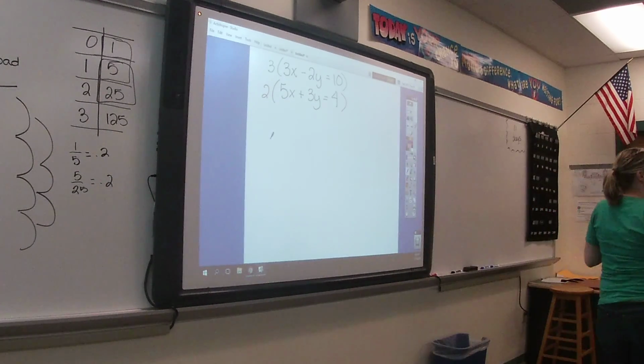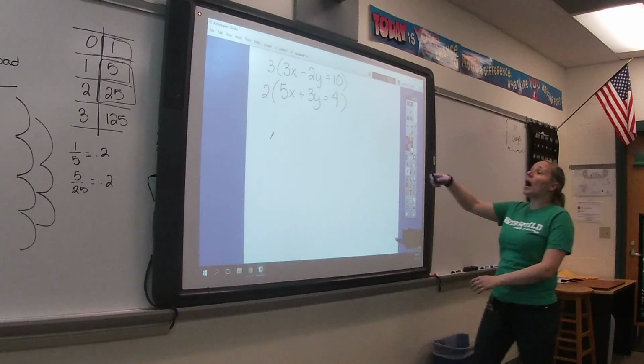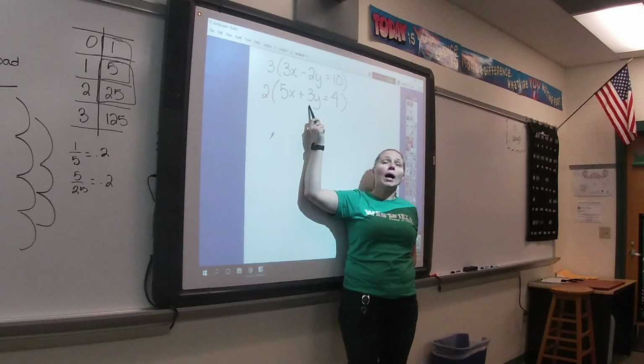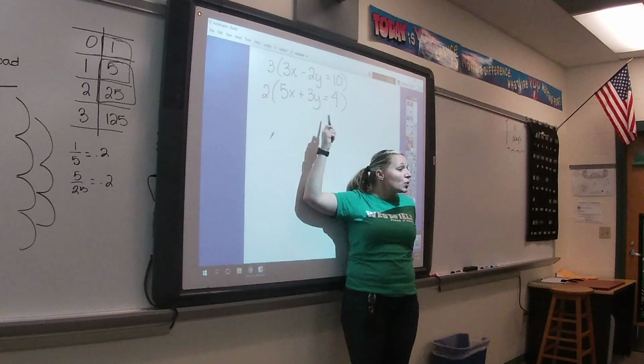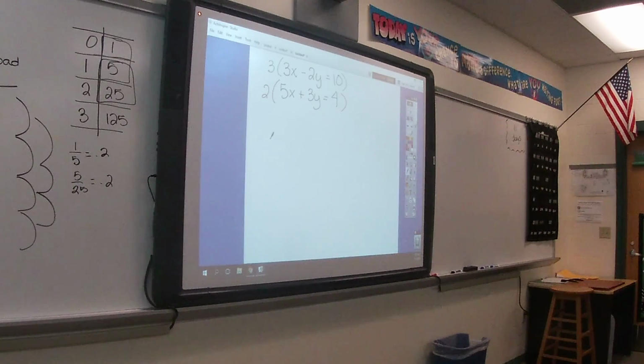Because the negative is reserved for if we need to make them the opposite signs. So let's check. Is this y currently positive or negative? Negative. Is this y positive or negative? So those are already opposite signs. So do I want to throw a negative onto one of them? No. So I'm just going to multiply as they are.